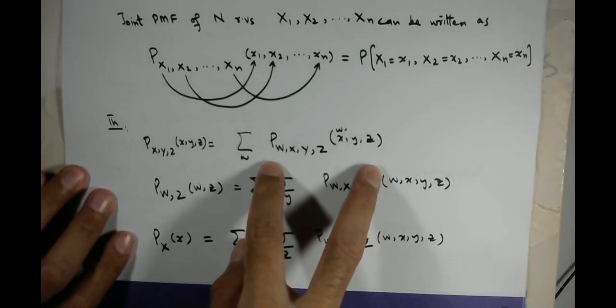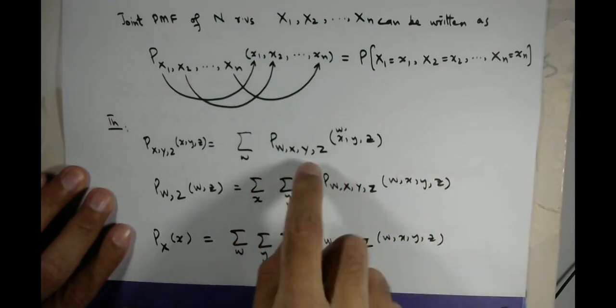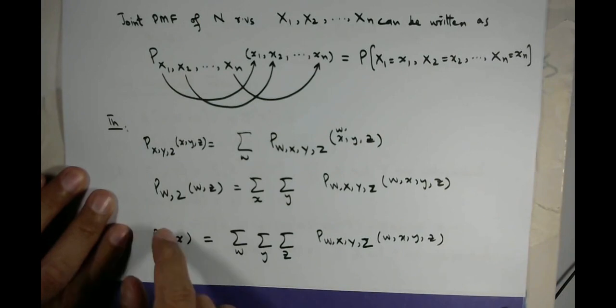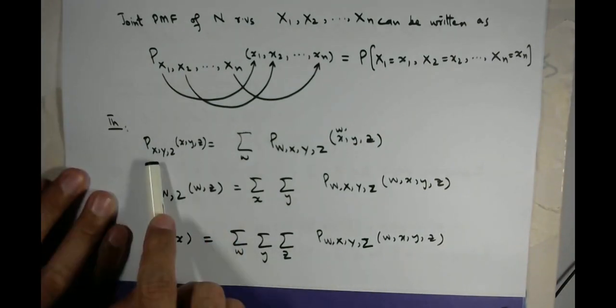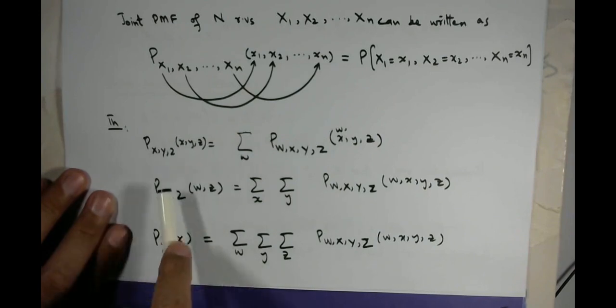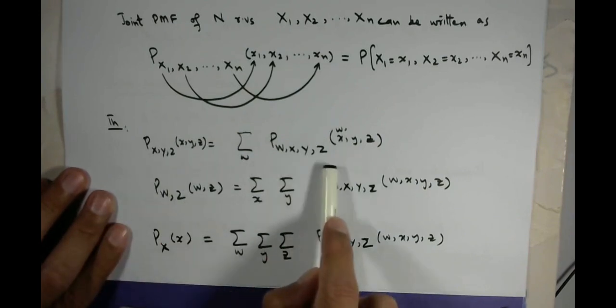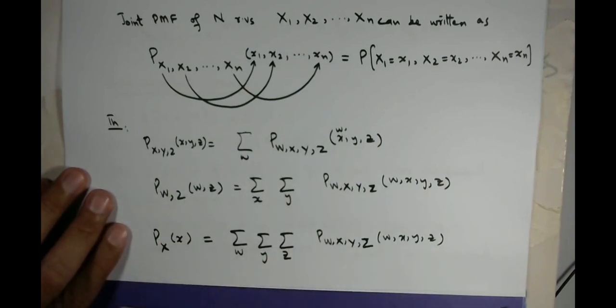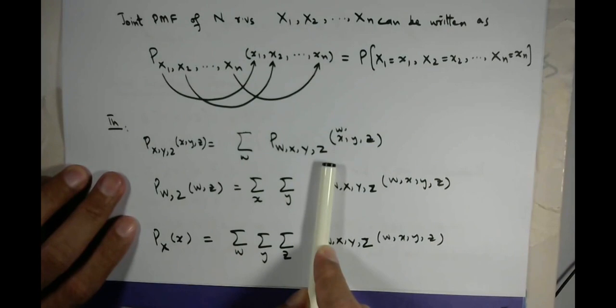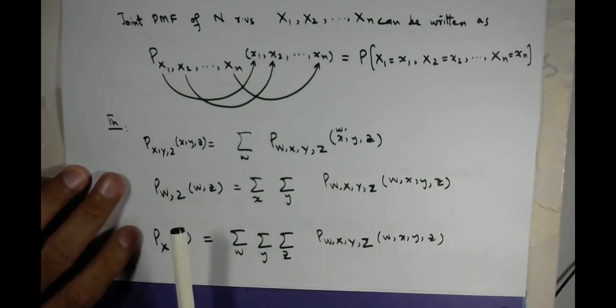multiple random variable distribution, for example 4 random variables w, x, y and z, you can find the marginal distributions of one or more than one random variables out of this parent joint distribution by summing up the joint distribution on all the variables except those on which you want the marginal distribution.